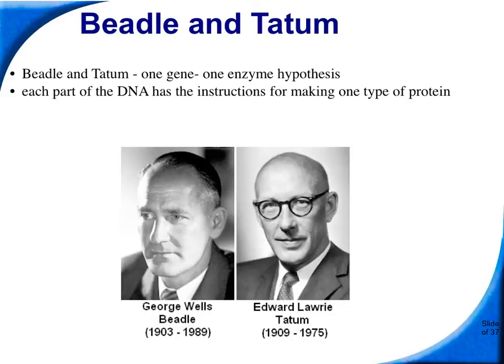What their idea entailed, basically, was saying, okay, we know that DNA has all of the information and has all of the instructions. Beadle and Tatum's work said that on that piece of a chromosome where all of this DNA was, all of these little chunks were responsible for coding or having the instructions for one particular type of protein.